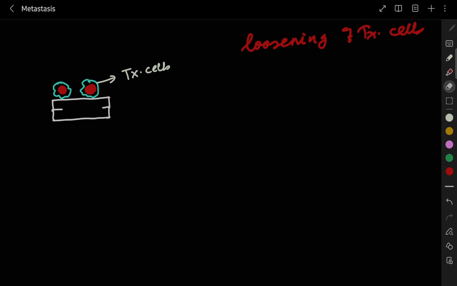Now, as the basement membrane has degraded, there will be a formation of a novel site. We were talking about the formation of the novel site.